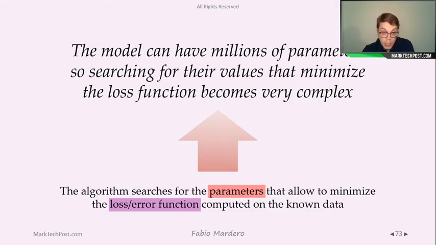So, especially in neural networks, the model can have millions of parameters, so searching for their values that minimize the loss function becomes very complex.